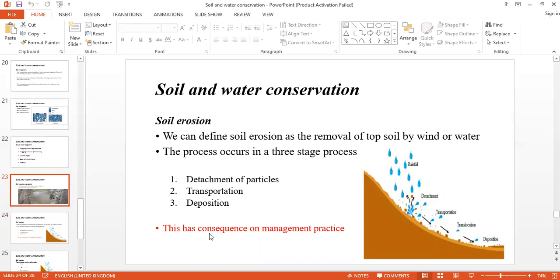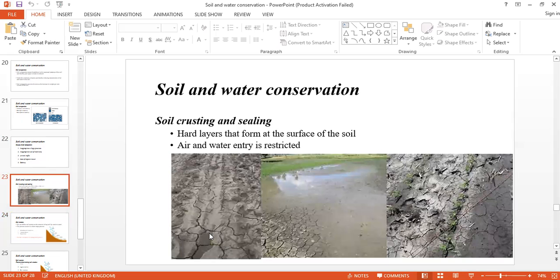Is there any difference between crusting and compaction? There is a thin line. When we talk of crusting, we are referring to just the top layer of the soil. So yes, you're right, you can say crusting is the compaction of just the topmost layer.